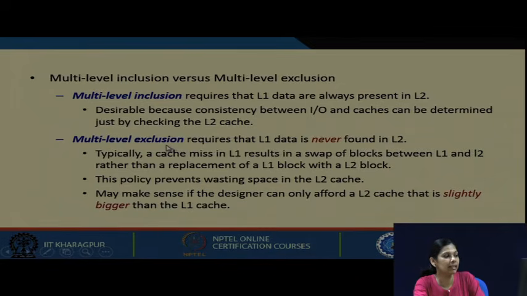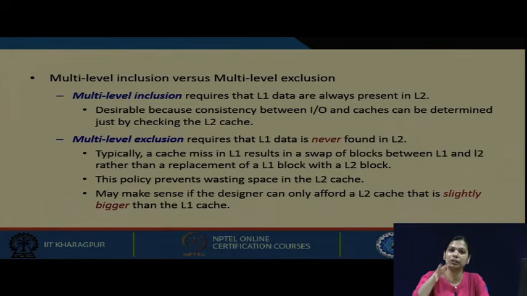What is multi-level exclusion? This requires that L1 data is never found in L2. That means certain data is there in L1 and certain data is present in L2, but there is no common data in between.